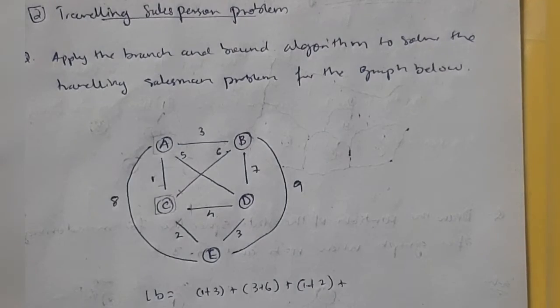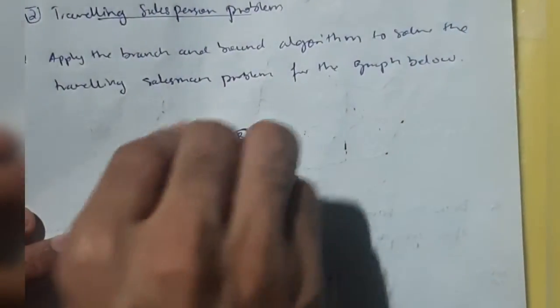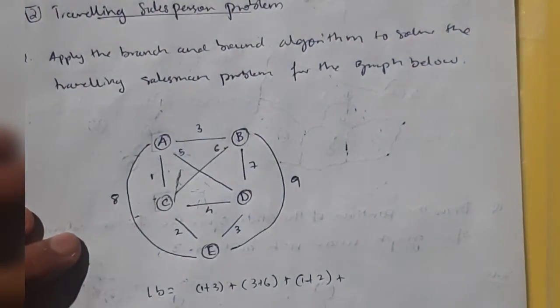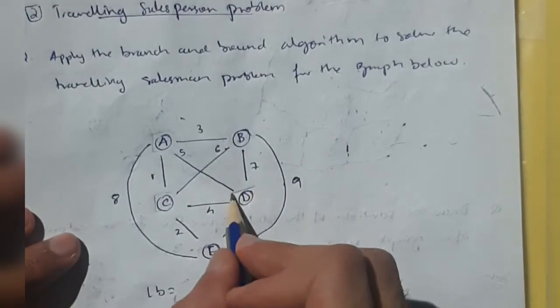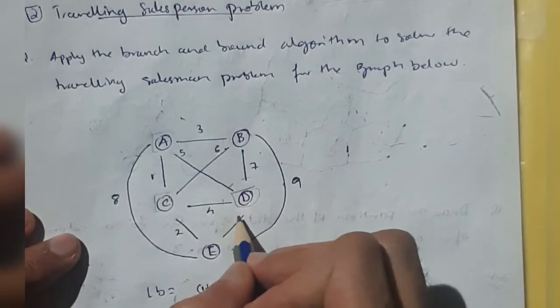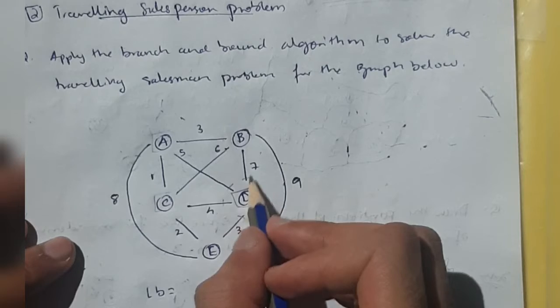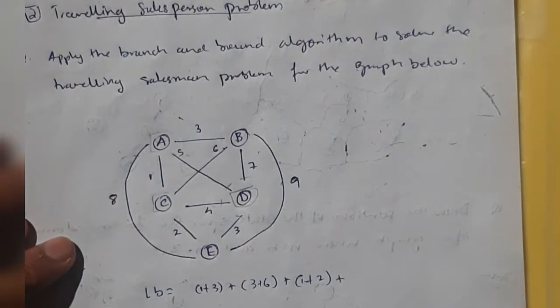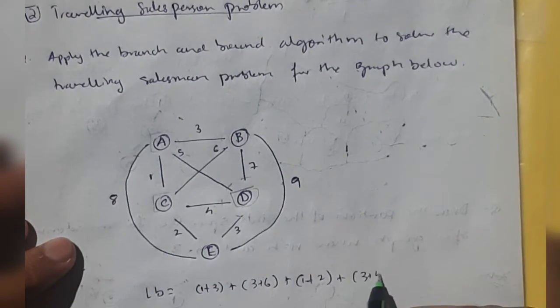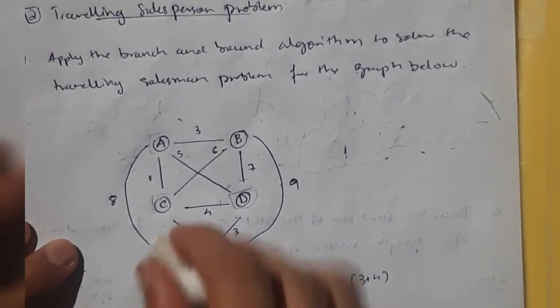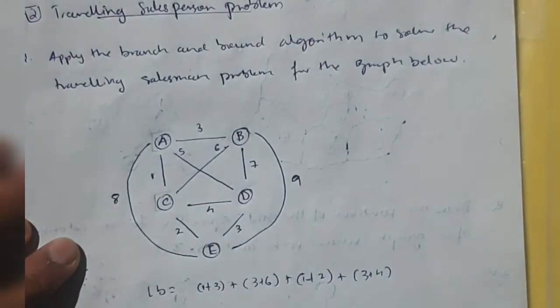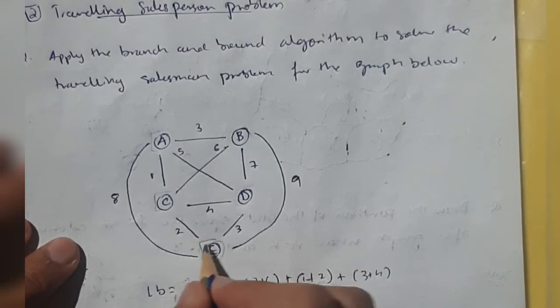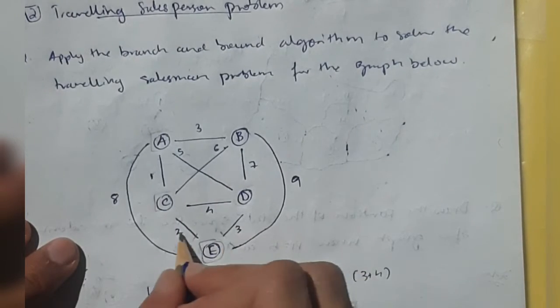plus the next one is D. Selecting D here, the edges are this one, this one, this one, and this one. The least two are 3 and 4. So I'll be writing here plus 3 plus 4. The last one is E. For E, the edges are this one, this one, this one, and this one, 2 and 3.